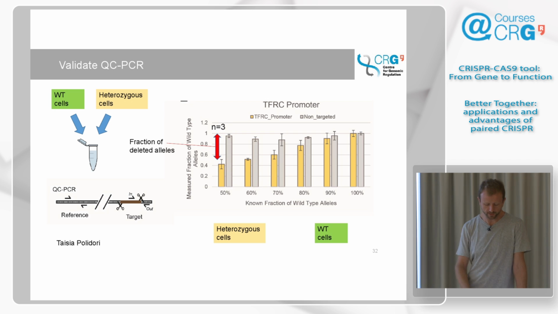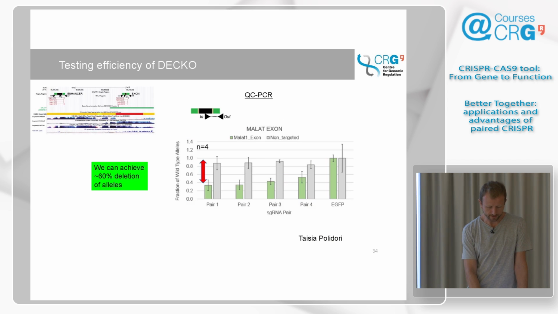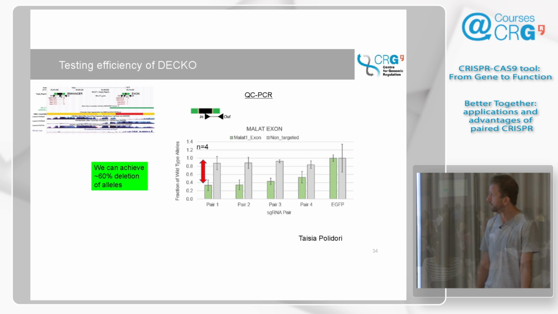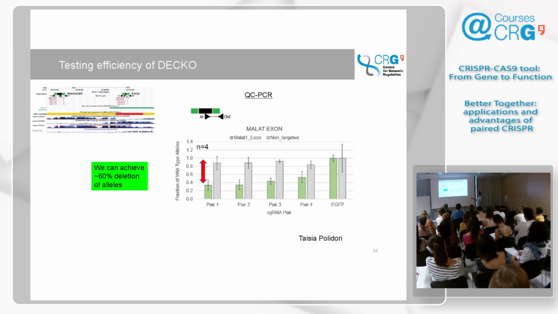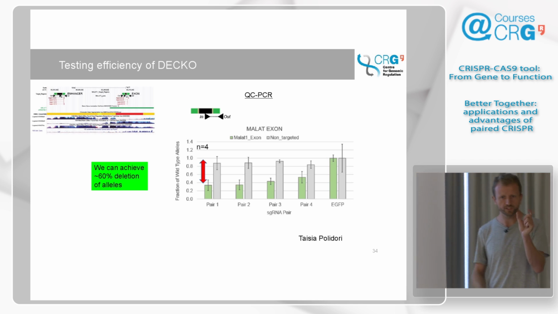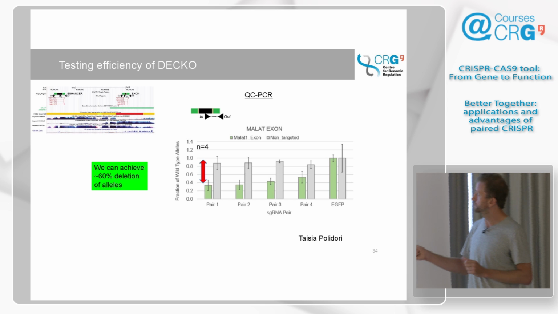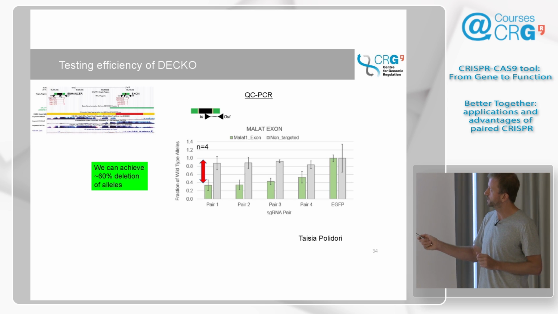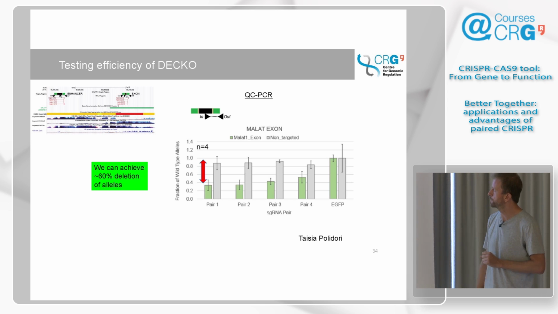And so now with this tool, we can start to go and look at the efficiency of deletion that we get. Okay, so here I'm showing you this exonic region, where we designed these 4 different DECO constructs, 4 different pairs of guide RNAs to try to delete this black region here from the exon of the gene.